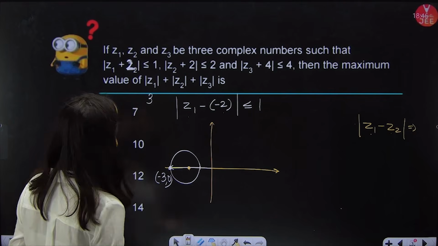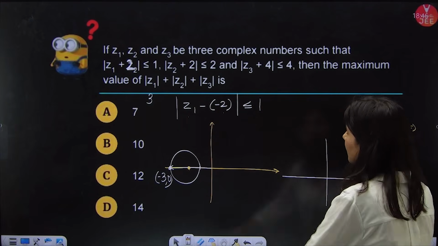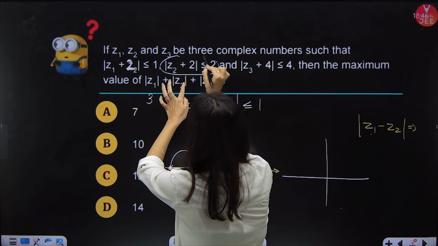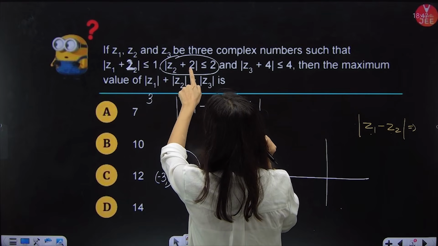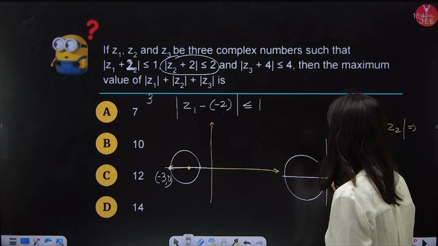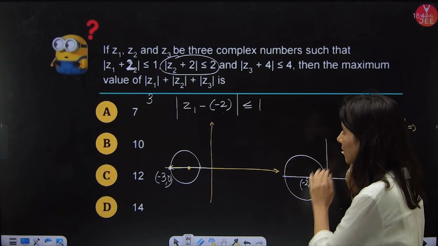Correct? Similarly, for mod Z2, if you focus on this again, minus 2, 0 is the center, but 2 is the radius. This time, this is the circle, so this is minus 2, 0. Again, Z2 lies on the circle or inside it.